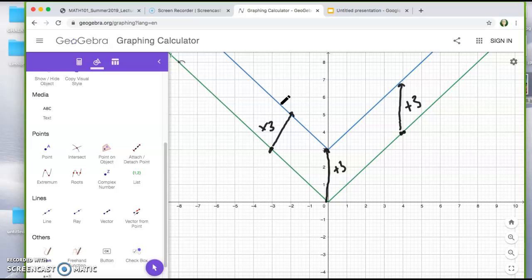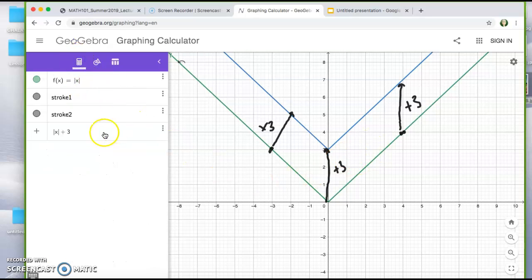So you're taking every point and moving it up 3 spaces. The reason is that you're adding 3 to the outside of the function. Every time you get a value for x, you're adding 3, so you're changing the x value. You're moving across the x-axis, and the x-axis is a vertical line, so you're moving up and down.